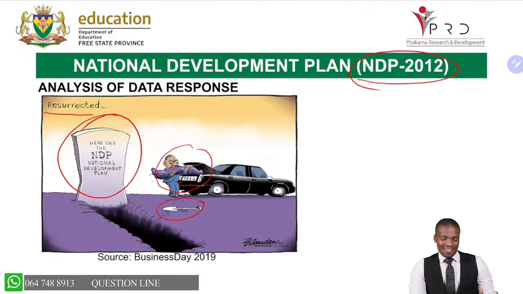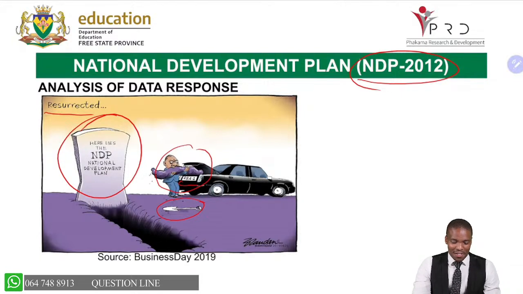is it a person being taken out of the boot and coming to be buried? Or what is happening in this data response question? If you are asked to briefly analyze the data response question, we'll assist each other here, grade 12s.